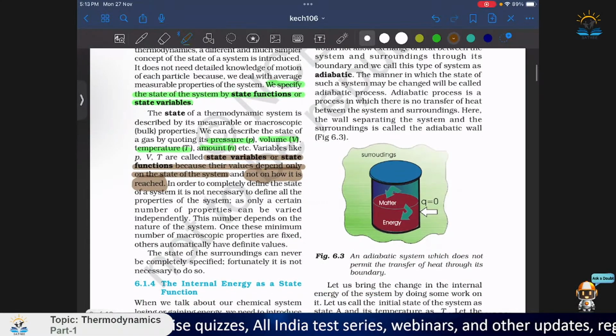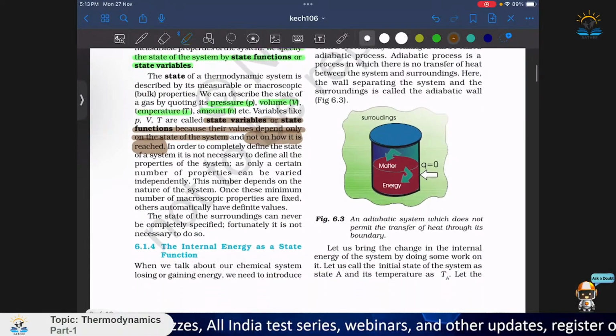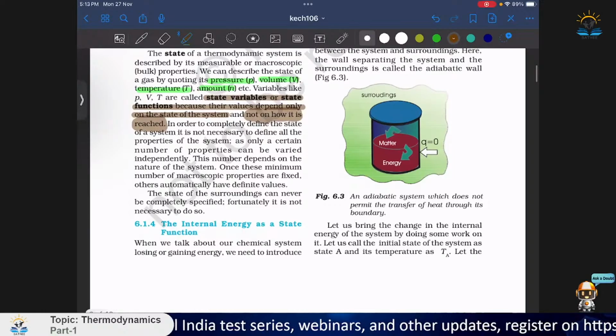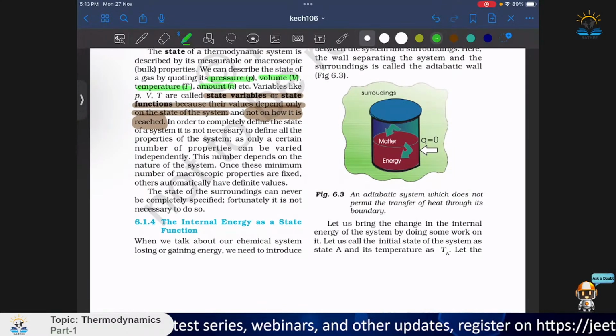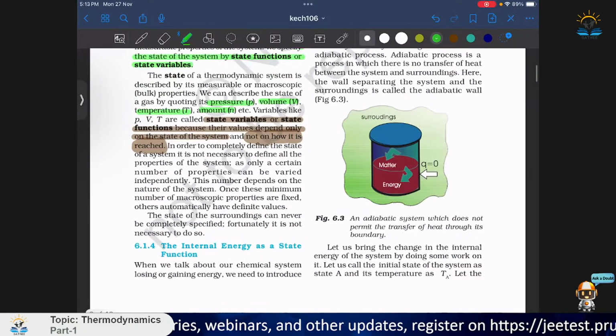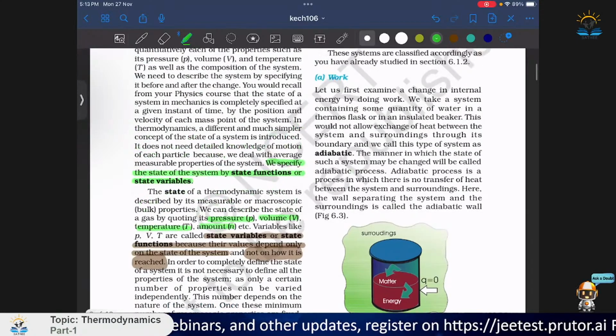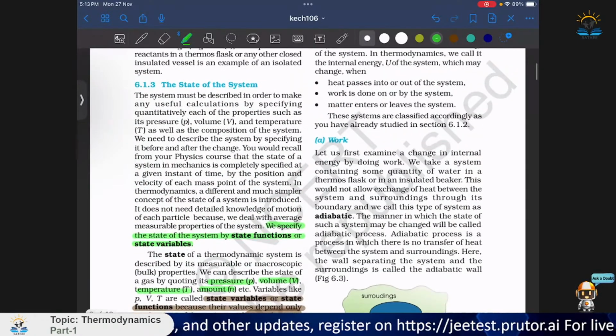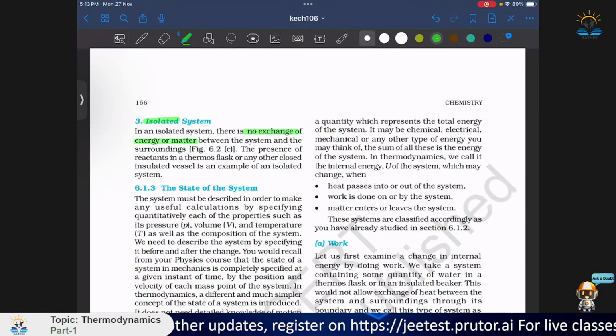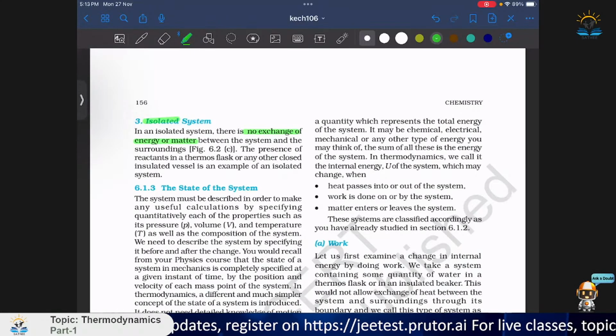Next, we have one more state function, the internal energy. When a system gains energy or loses energy, that is a change in energy. But there should be something which represents the total energy of the system.